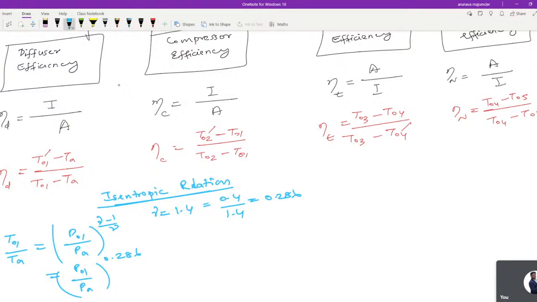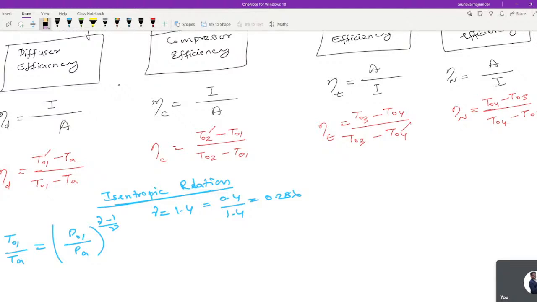I don't remember gamma minus 1 by gamma, it's kind of confusing. Several equations are there. So I remember this way, with the power, with the number. If it is vice versa, it will come 3.5. So I will know whether I'm on the right track or not.